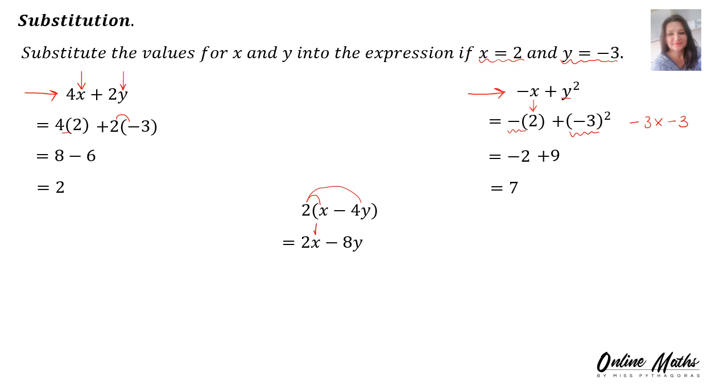So in x's place we substitute 2, and in y's place we substitute -3. And then we will say 2 times 2 is 4, and negative 8 times negative 3 is positive 24. 4 plus 24 is 28.